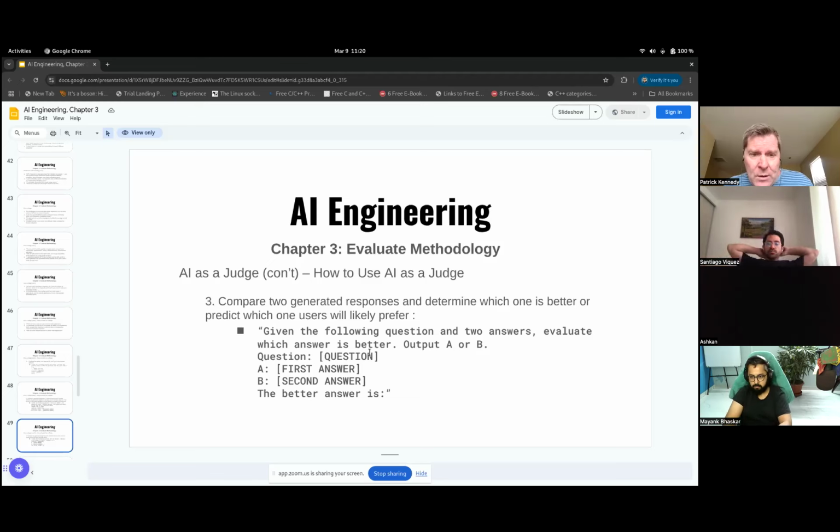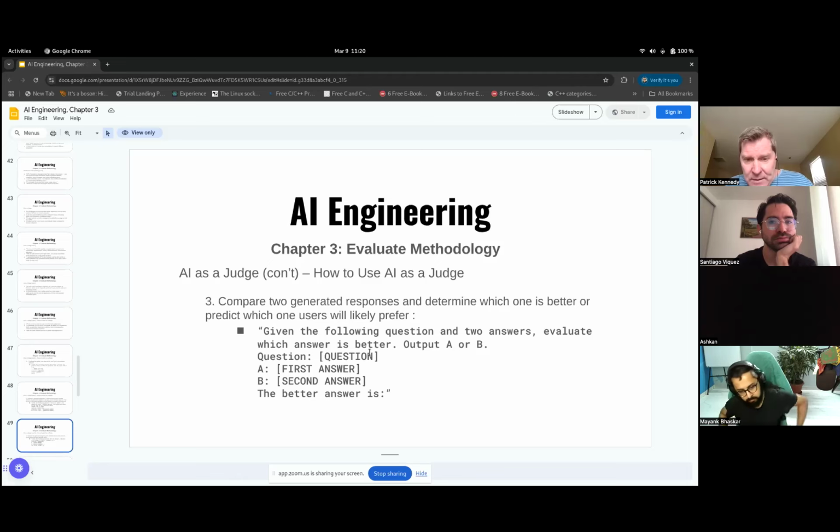And so we're going to compare 2 generated responses and determine which one is better, or predict which one users likely prefer. So given the following question and 2 answers, evaluate which answer is better, output A or B. In other words, it has to pick A or B. So you got a question, you got the first answer and the second answer.